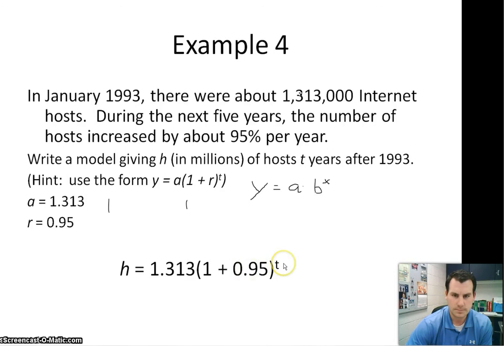So there's our model. And you can clean this up by adding those two together to get this equation. Now once you have this model, I could say, how many hosts were there in 2000? So you'd look at 1993, subtract that, and put 7 in for t and solve it.